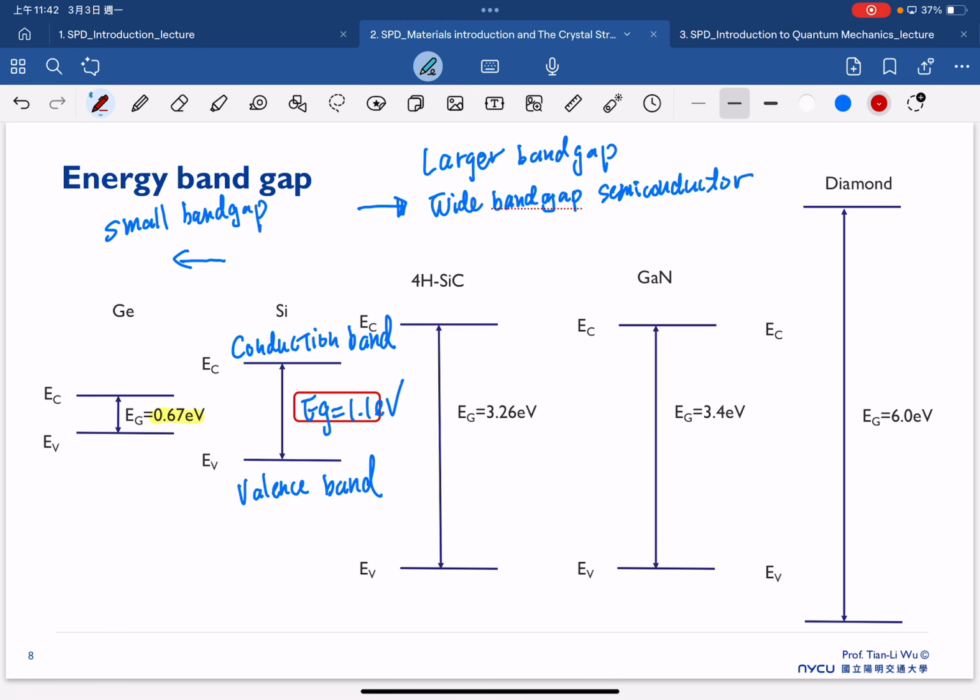But in a very short summary, the electrons are full below the valence band, and the region beyond, the conduction band, is empty. So if we want to have the current flow, the electrons need to cross the band gap and reach the conduction band. In the end, that will become the current.